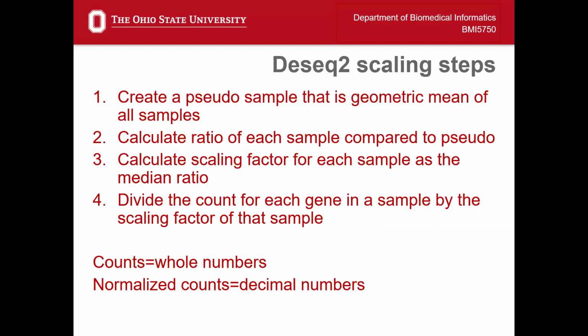Then it calculates the ratio of every single sample compared to your pseudo sample, calculates a scaling factor for that sample as the median ratio across those genes, and then divides the count for each gene in that sample by the scaling factor of that sample. It's very similar to the counts per million correction that we just did by hand, but this is what DESeq2 is doing behind the scenes.